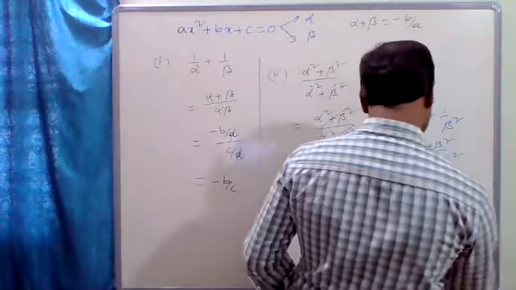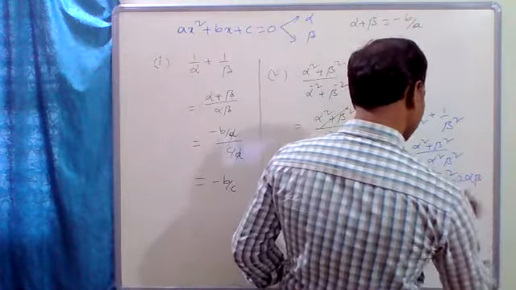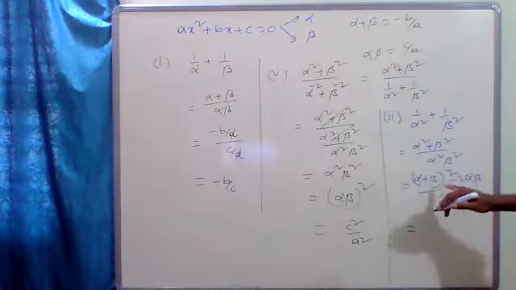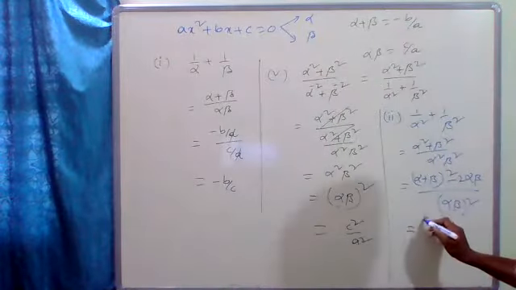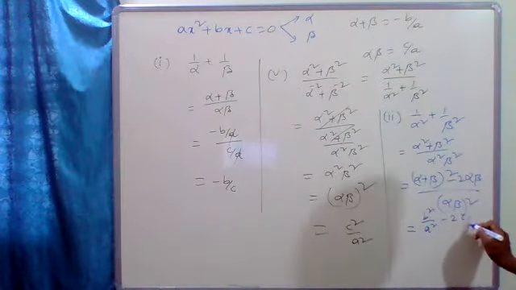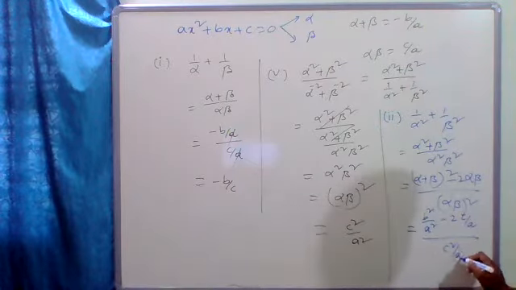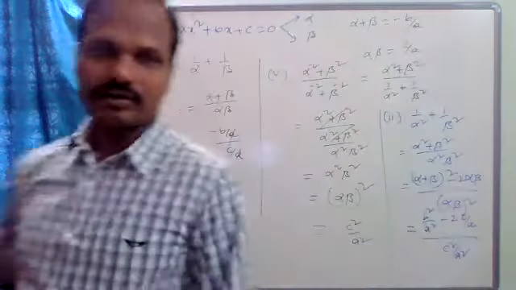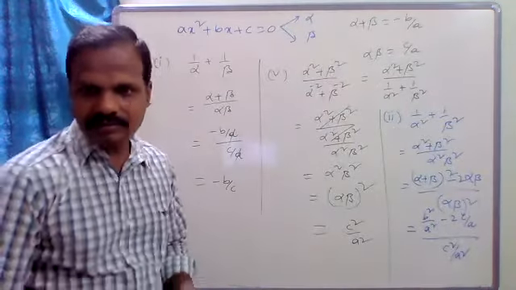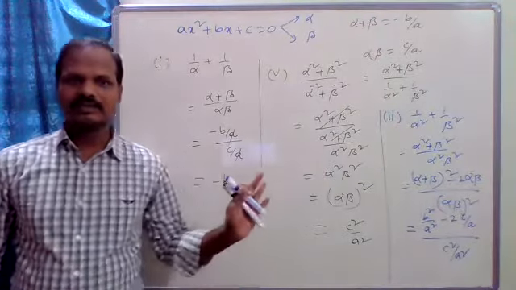So this is alpha plus beta whole square minus 2 alpha beta by alpha beta whole square. Now what is alpha plus beta? Minus b by a. So that is b square by a square minus 2 into alpha beta, which is c by a, by alpha beta whole square, which is c square by a square. Just simplify this, you will get the answer. Is it clear, Sneha?